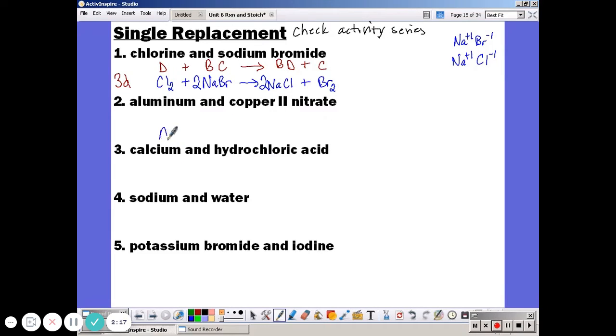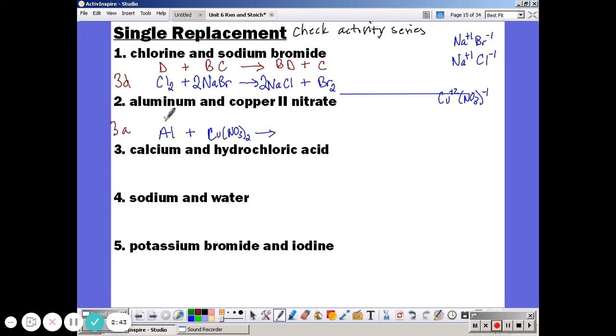Aluminum, and means plus. Copper 2 nitrate, Cu plus 2, NO3 -1. Cross your charges, Cu, NO3, 2. The element is a metal, so this is a metal-metal replacement, or 3A.